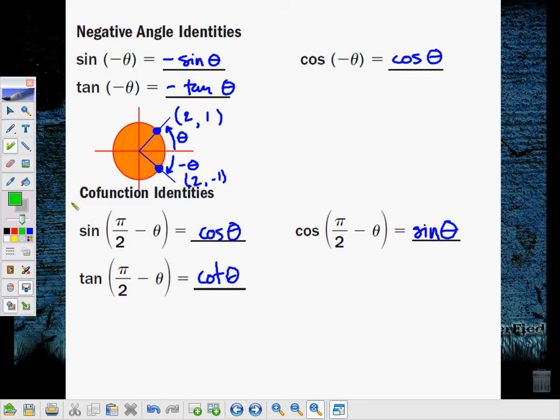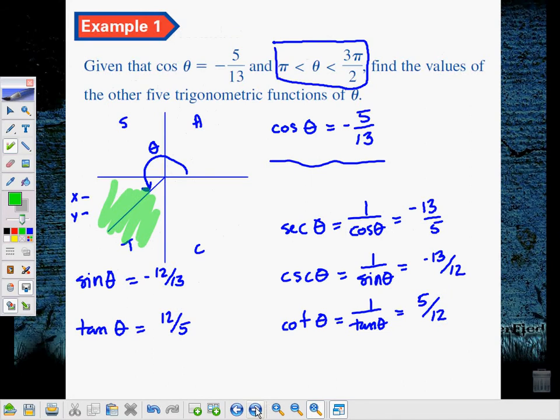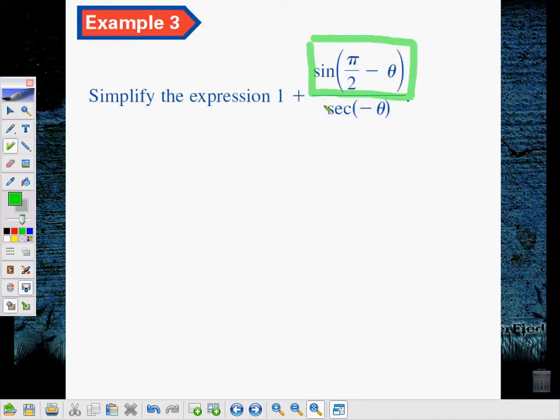So strolling back through, I find this co-function identity. The sine of pi over 2 minus theta is equal to cosine theta. So I'm going to replace this with the cosine of theta. So 1 plus cosine theta over secant of negative theta.